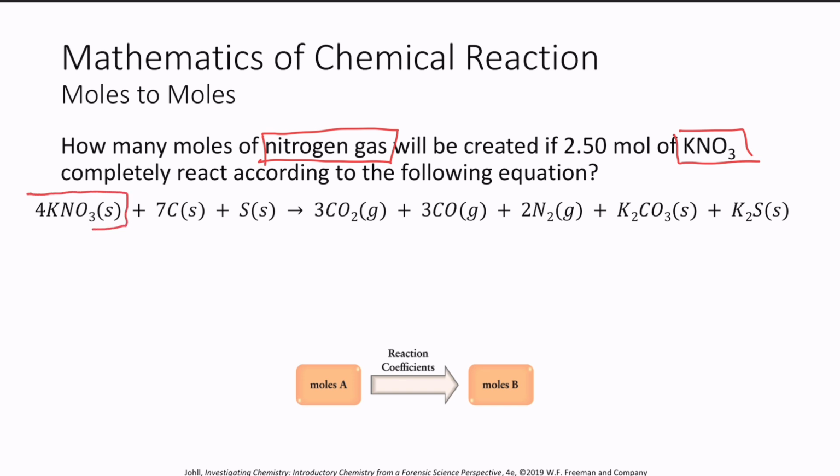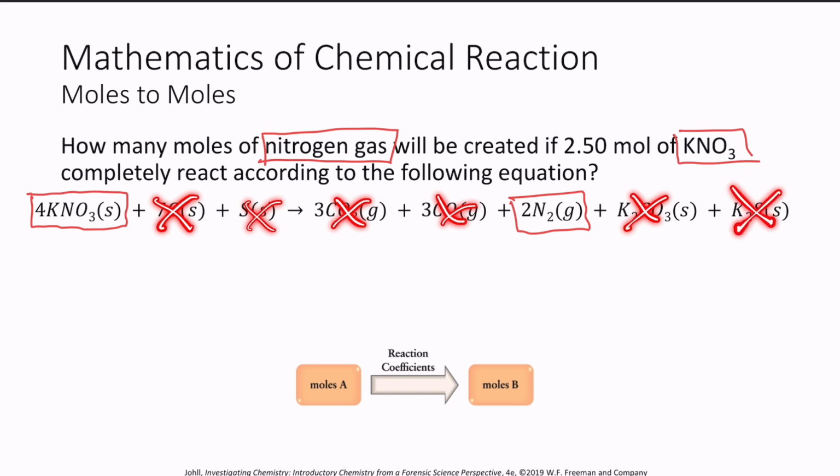So I can look at my chemical reaction and find those two substances. I'm not going to concern myself with any other substance in this chemical reaction because the problem is only asking about those two things. So the only relationship I'm going to need is between those two things.